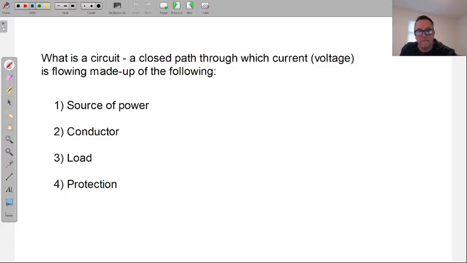All right, but take your time, write it out. We'll set up the 1, 2, 3, 4. These are the 4 things that make up a circuit. These will have definitions, not questions. Sorry about that.